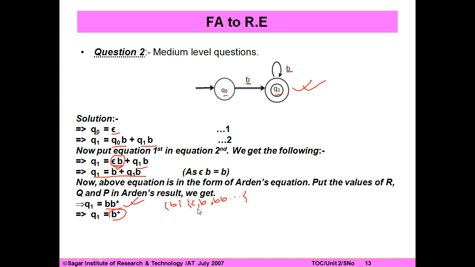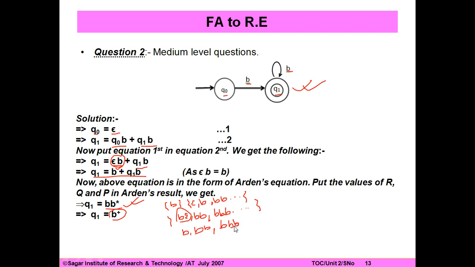If you open the bracket, you are going to get B epsilon, BB, BBB, and so on and so on. So try to understand this one. Again, this B epsilon can be written as B, so you can write B, BB, and all the combinations of B.